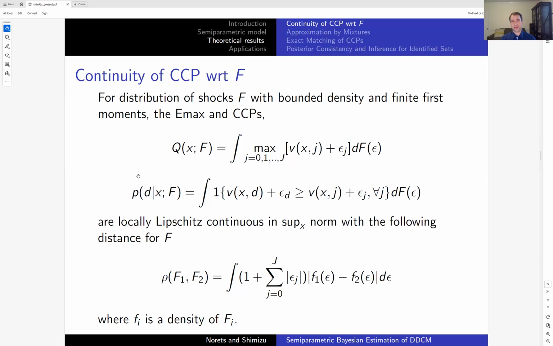So first of all, this continuity result: the distance on the distributions that we need to use here is something like a total variation distance, but we also add a first moment. So we have this absolute value of epsilon j in the distance rho for two distributions.